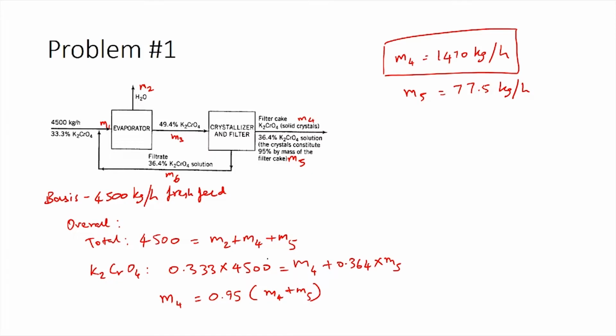Using the total mass balance, we can calculate M2, which is the mass of water vapor leaving the evaporator, which is also the rate of evaporation. That value would be 4500 minus 1470 minus 77.5, giving you roughly a value of 2950 kilograms per hour.